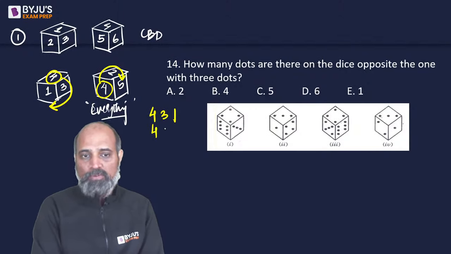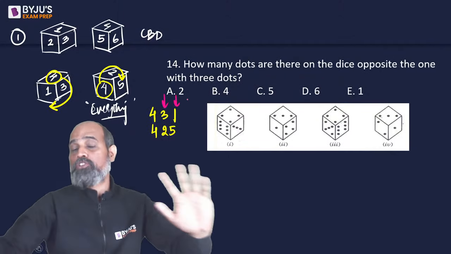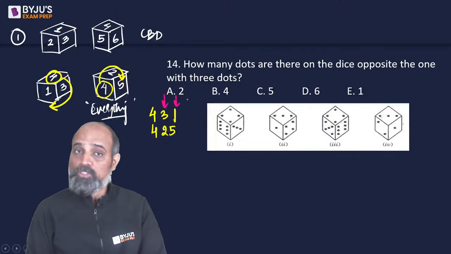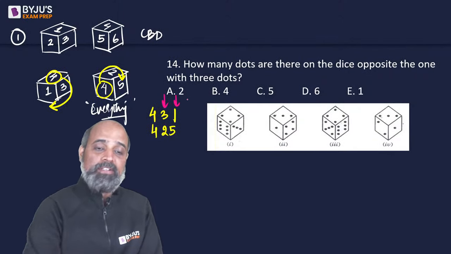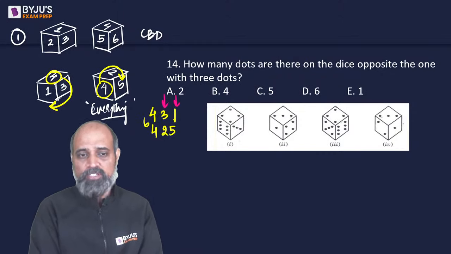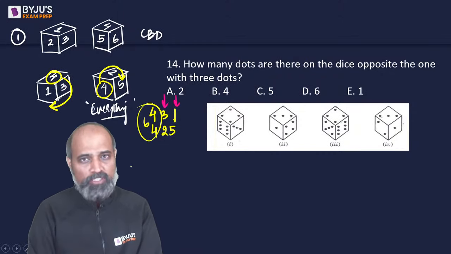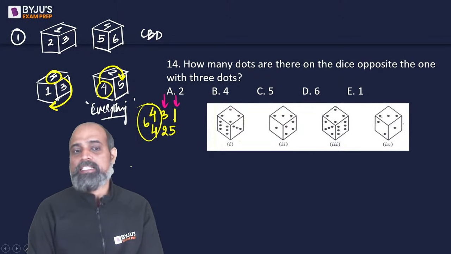So this is going to be 4, 2, 5. Now here, the numbers that are in the same column are opposite to each other. They are written on the opposite faces. So 3 and 2 are opposite to each other. 1 and 5 are opposite to each other. And 4 is opposite to which? Obviously 6 is left, because in a die you have numbers from 1 to 6. तो ये पता चल जाता है. इससे अच्छी बात हो नहीं सकती.